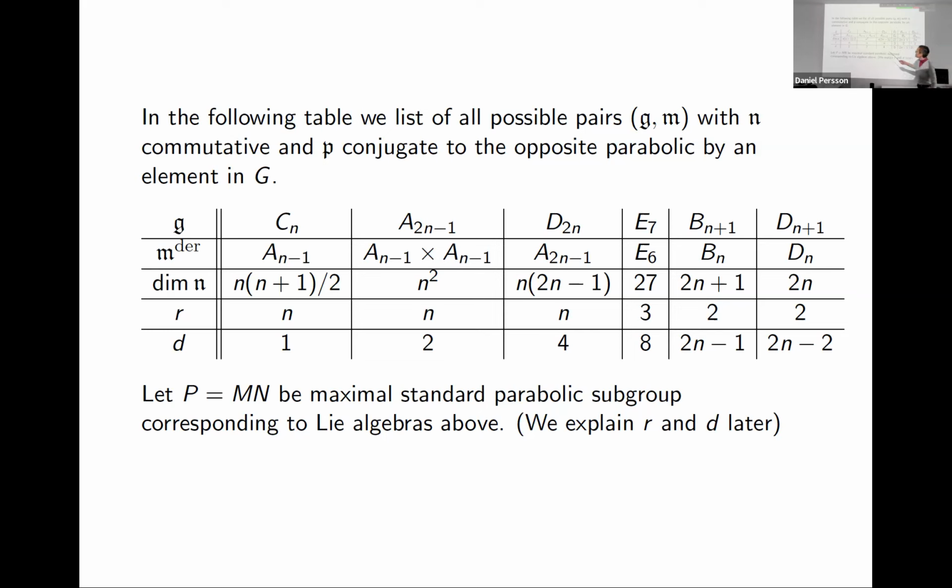So the first column is, of course, the symplectic group, and this is the Ziegler parabolic situation. What are R and D? Here I will explain later. You can think of it as a GL2N, not actually GL2N, because we want these groups to be simply connected.